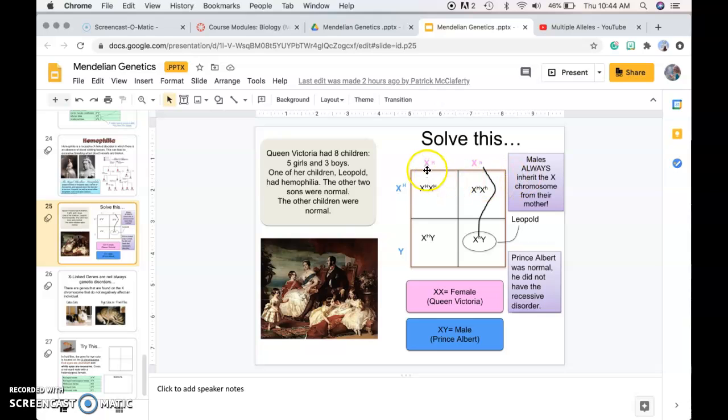So she's going to be X big H, X little h. Prince Albert was normal, he did not have the recessive disorder, so he's going to have a big H. So when I cross the 2 here, these 2 females are going to be normal. However, this female will be a carrier. This son would be normal, and poor Leo over here gets the genetic disease.